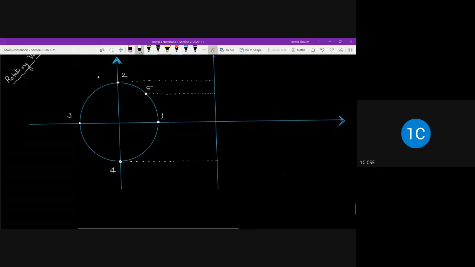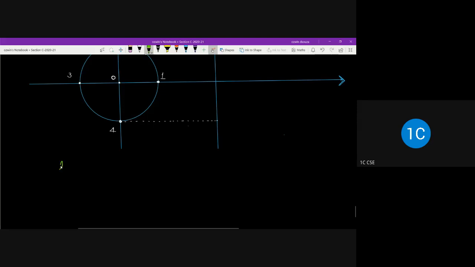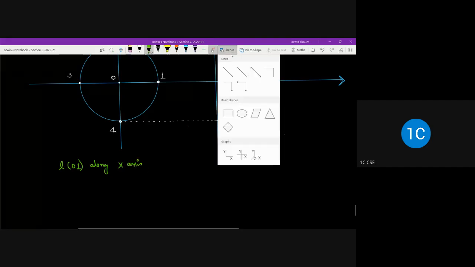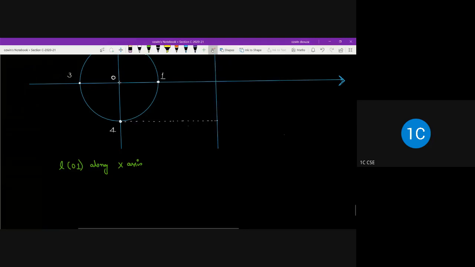So let us consider the origin as O, and let us place a vector O1 along the x-axis.